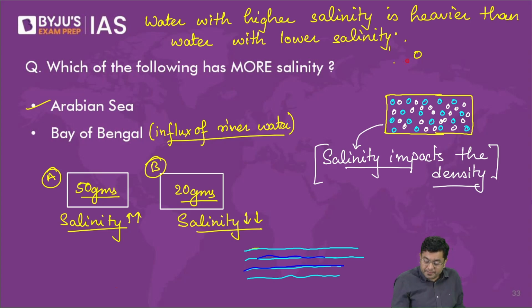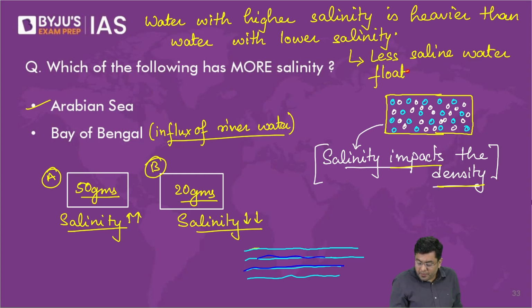So here, what you can have as the case is less saline water, because the density also varies. So salinity impacts the density as well. So less saline water floats on top. We can have this conclusion.